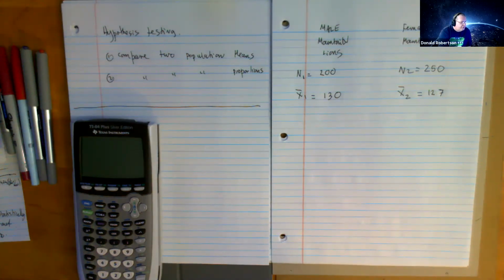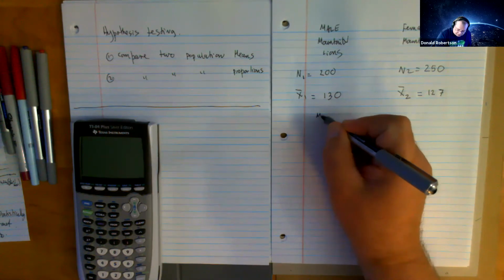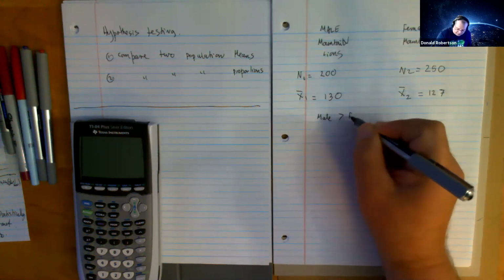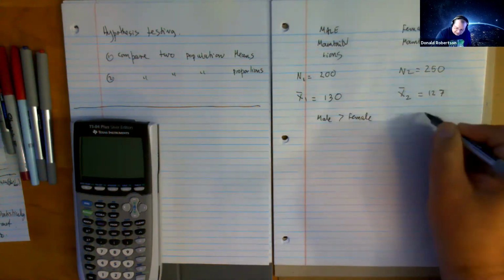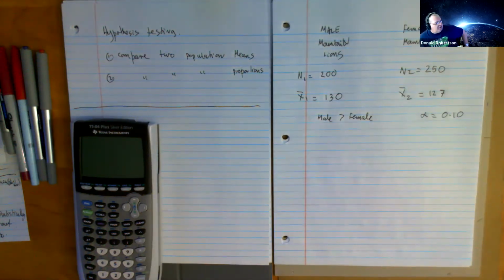Not a lot of difference, at least in my story, agreed? But we still want to see, is there evidence that the male is heavier than the female? And we're going to take a significance level of 10%, because I'm not too worried if I get it wrong, right? Yeah, 10% of the time I will.